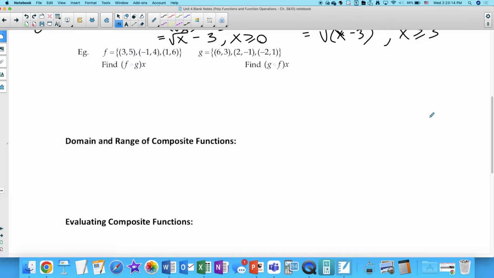The answer to f of g of x is also going to be discrete. Each point here is x, g of x.